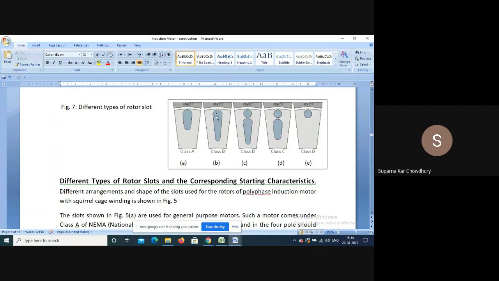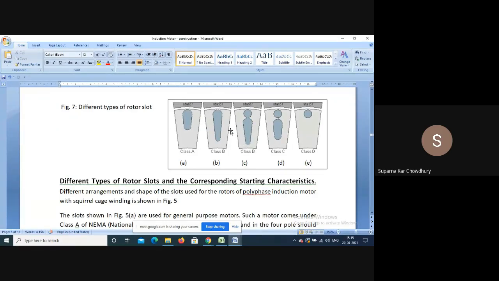Now, if we have a deep bar rotor or double cage rotor, what happens for the deep bar? The inner portion of the bar will have more leakage flux linkage, so inductance is higher. Here also the inner lower bar will have higher inductance due to more leakage flux linkage.